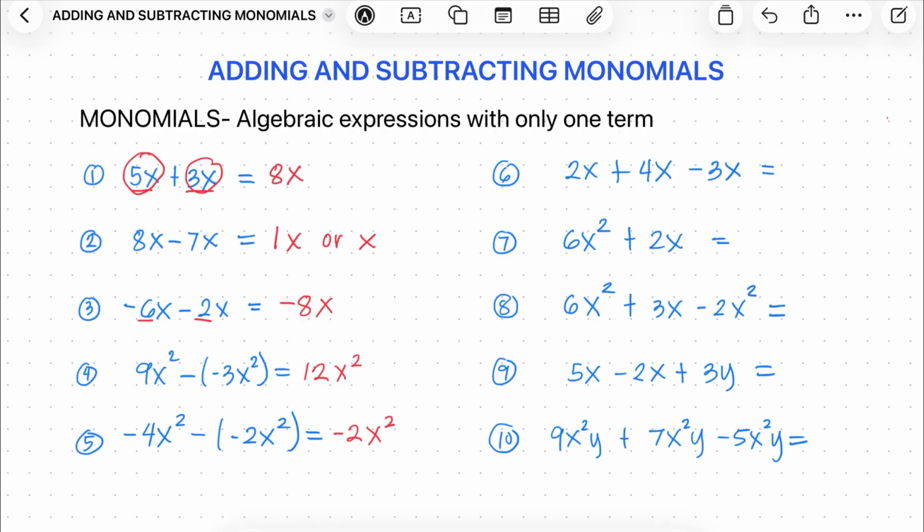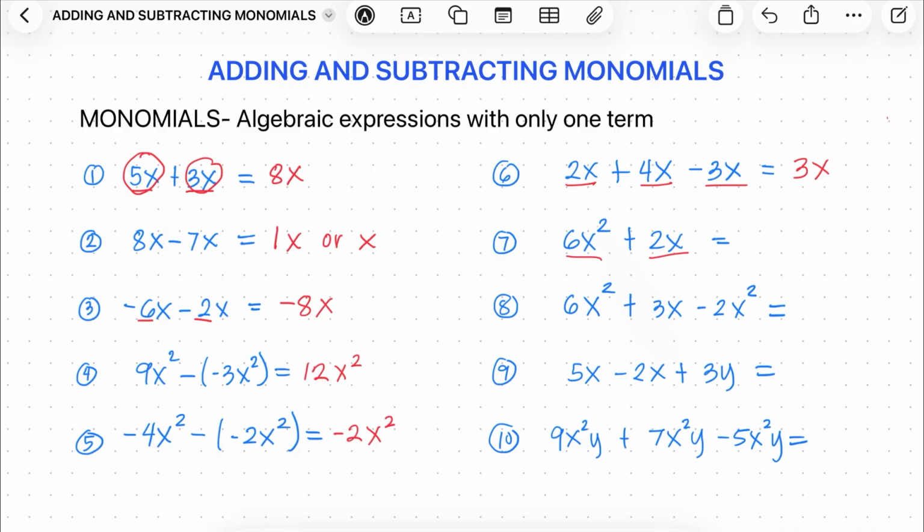Next, number 6, we have 3 monomials here: 2x, 4x, negative 3x. They are all similar, so we can just solve. 2 plus 4 is 6, and 6 minus 3 is 3. And then copy the variable x. Number 7, 6x squared plus 2x.